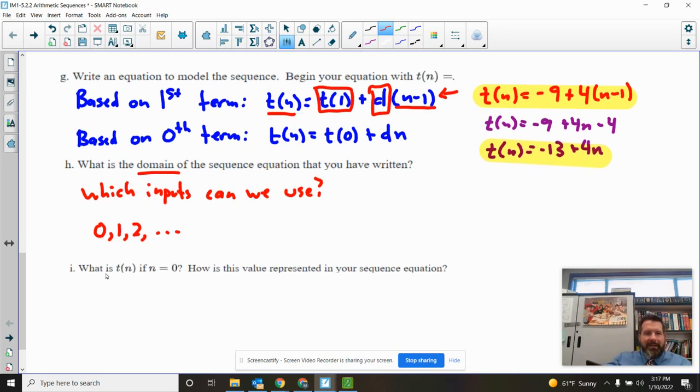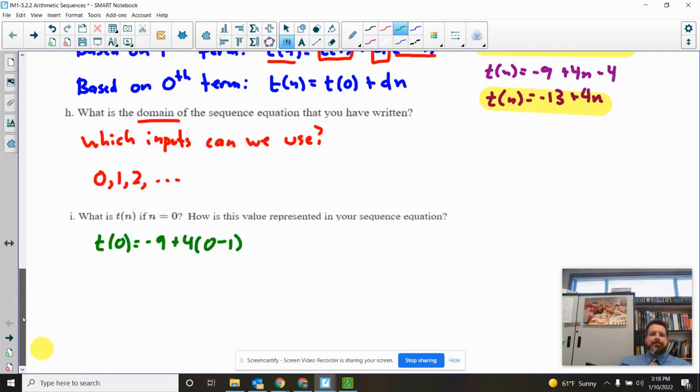Now for letter I, what is t of n if n equals 0? Okay, well, let's take our top equation here for a second and put a 0 in for the n's. Remember, these equations are the same, but I just want you to see what's going to happen. If we put a 0 in for the n in the top equation, t of 0 equals -9 plus 4 times 0 minus 1.